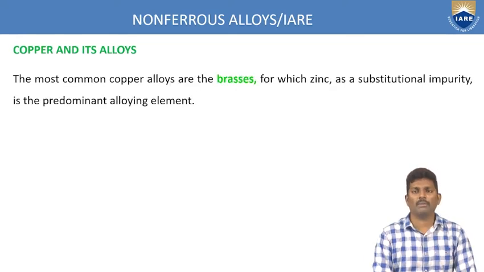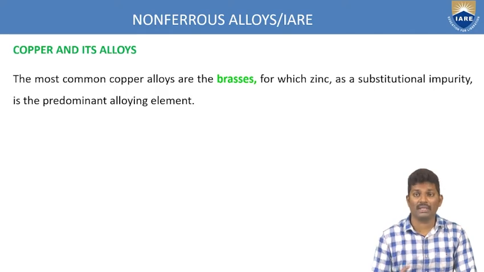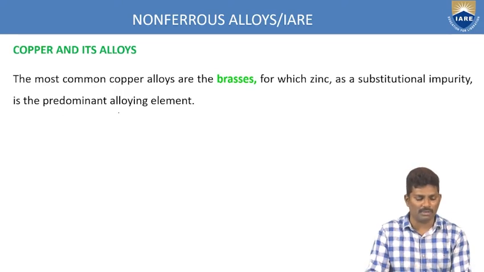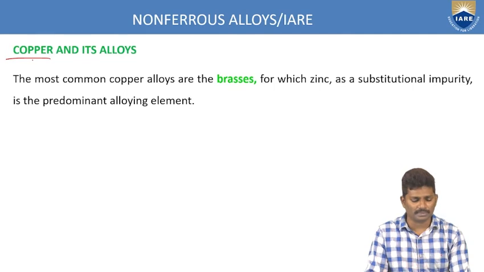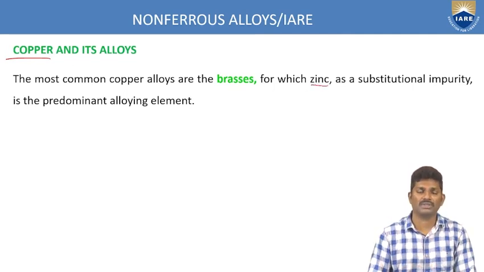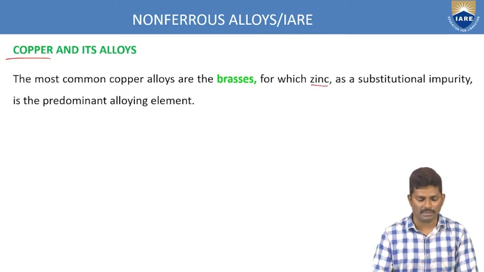Most of the common copper alloys are the brasses, for which zinc as a substitutional impurity is the predominant alloying element. So for copper, what are you adding here? Zinc. This is a substitutional impurity. Because of the addition of these alloys, we are getting the predominant alloying element and enhancing the mechanical properties.